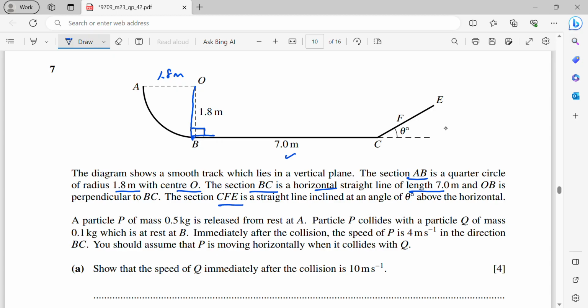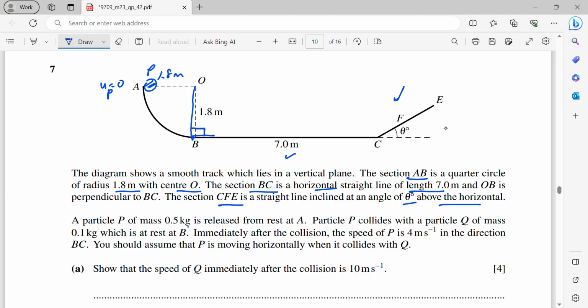The section CFE is a straight line inclined at an angle of theta degrees above the horizontal. So it's here. Now a particle P of mass 0.5 kilogram is released from rest at A, so U_P equals 0.